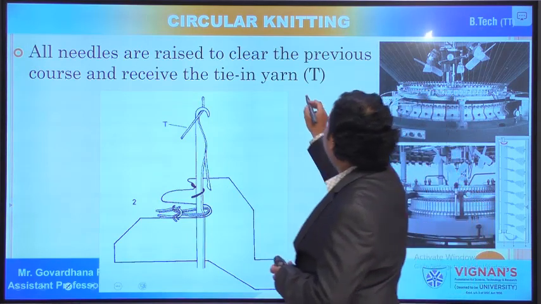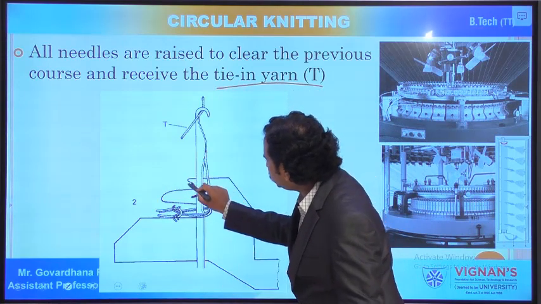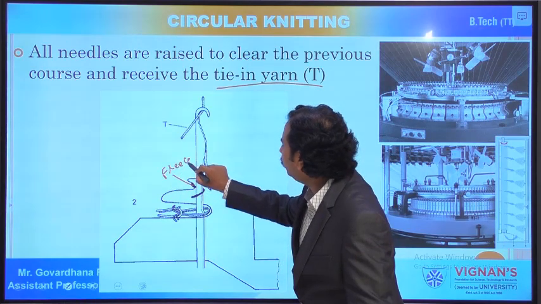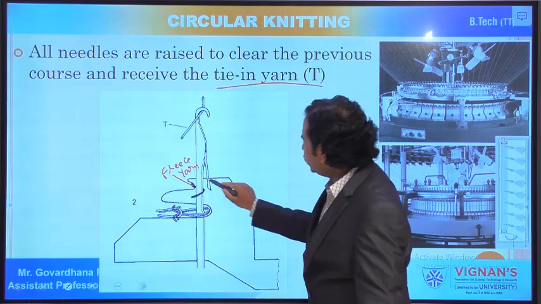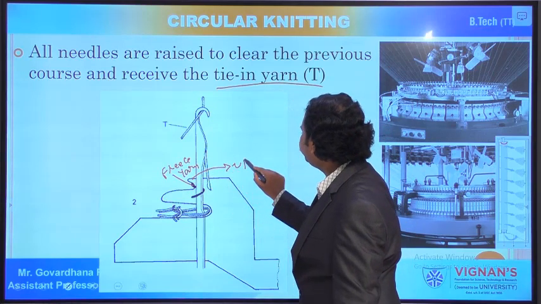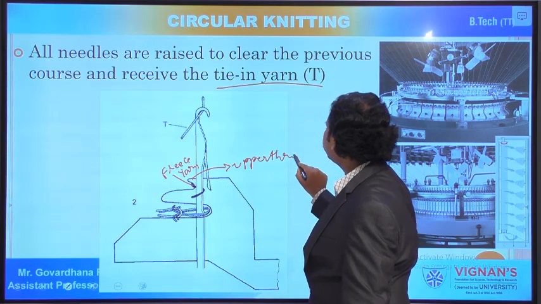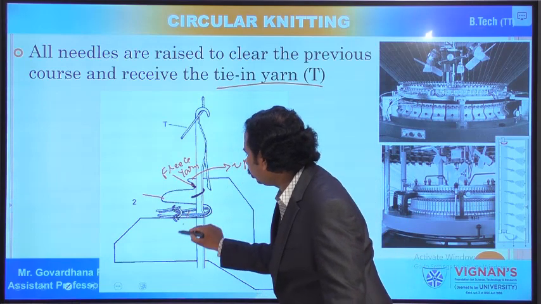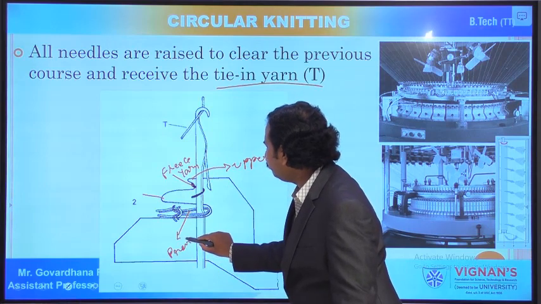The second yarn is called T, the tie-in yarn. This is the fleece yarn. The fleece yarn is controlled by the upper throat, and the lower throat controls the previous course.